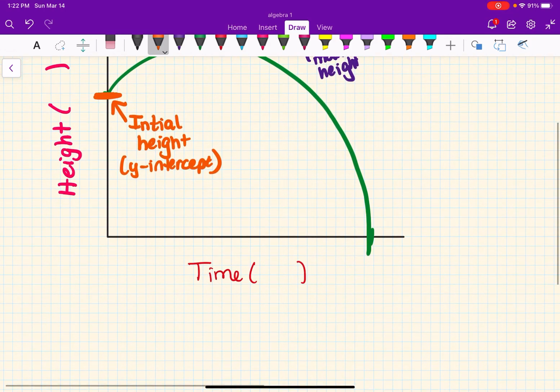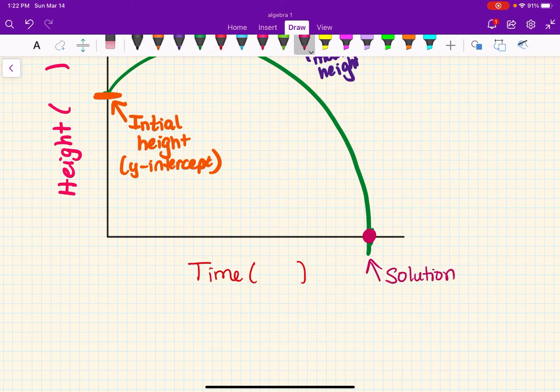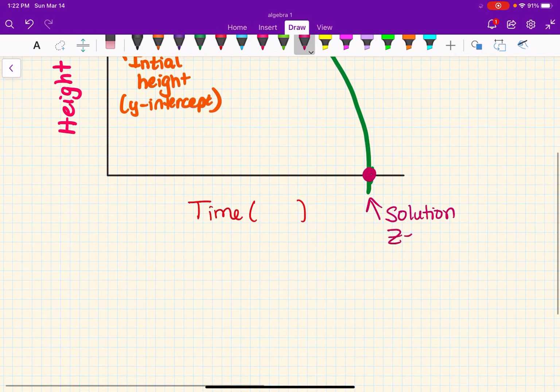Now here's the key. This is what we've been doing this entire chapter, right here. This is our solution. We call it a bunch of things. It's a solution. It's a 0. It's a root. It's where the parabola crosses the x-axis.